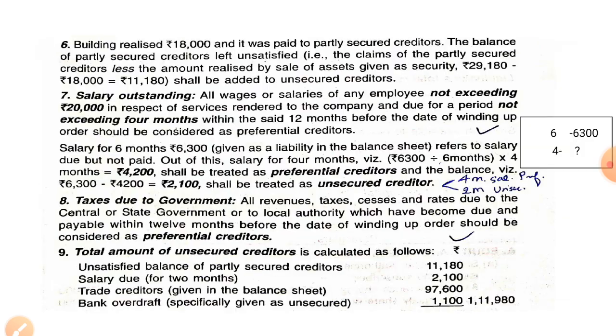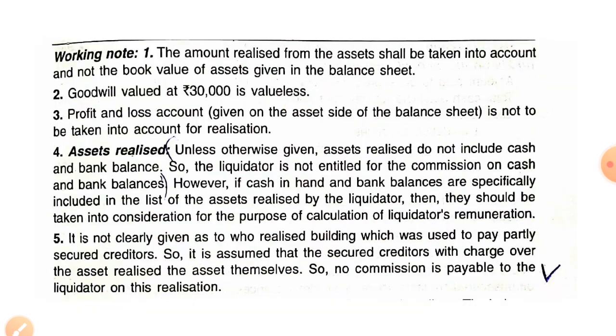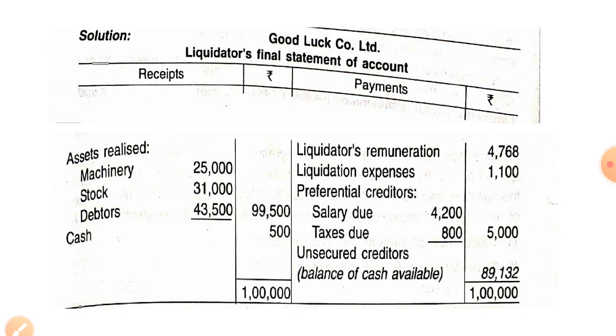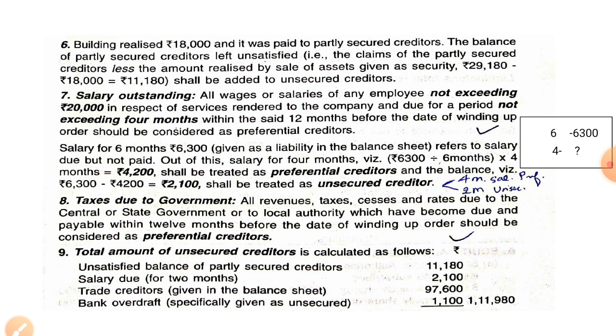That means we have to pay 29,180, but how much we realized from the building? Only 18,000. So what is the amount pending? 11,180. See, this 11,180 shall be added to unsecured creditors. So this you should remember. 11,180 from the unsatisfied value we are taking into consideration as unsecured creditors. Clear?